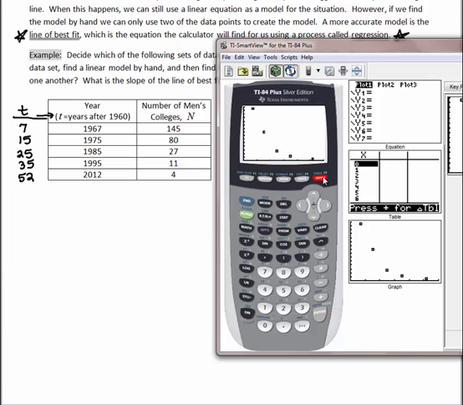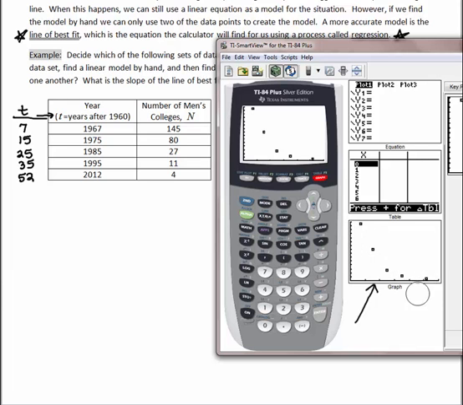If I now hit Graph, I can take a look at the scatter plot down here. And I can see that there's really no good straight line that would come very close to all of those points. If I tried to draw one, I'd miss one by a lot.